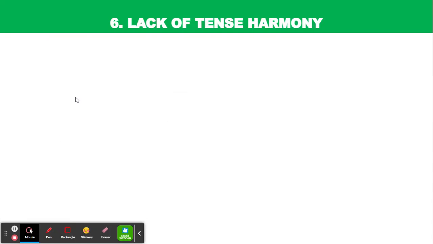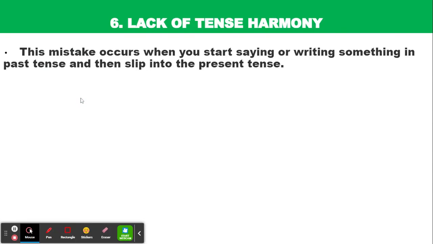That brings us to number six, lack of tense harmony. Even though we talked about wrong use of tenses, when we talk of tense harmony, we are looking at a complex sentence where you have two clauses. And so you are moving from one clause to the next clause, and it should be consistent. We call it sequence of tenses or tense harmony.